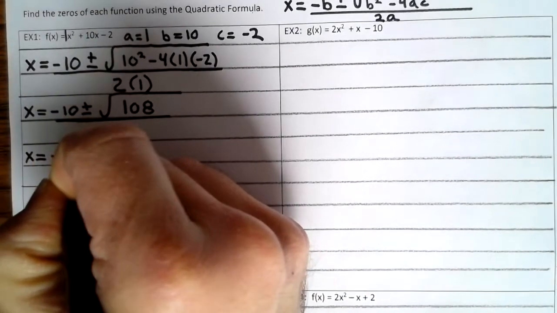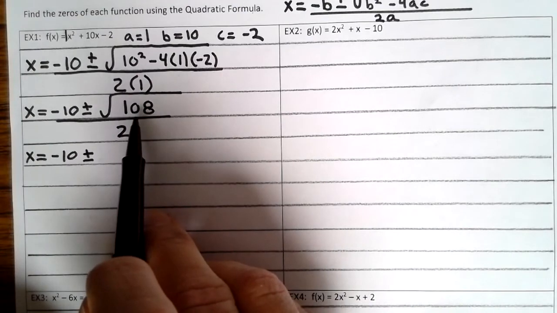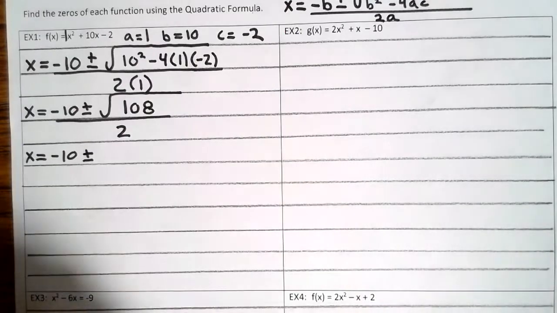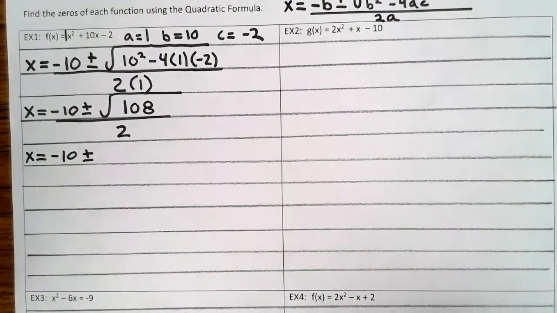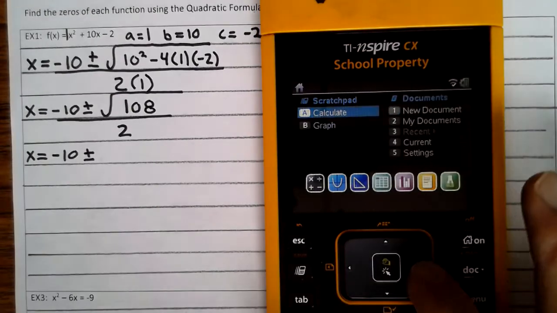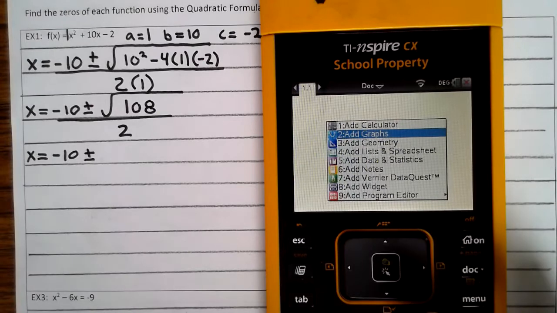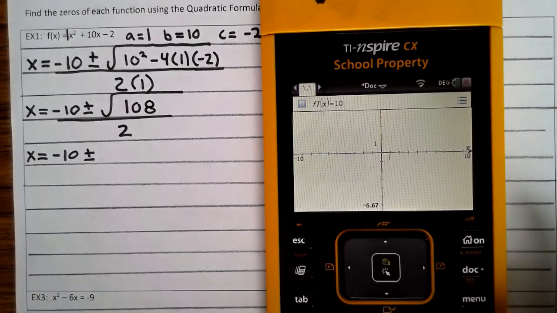Now we need to see if we can find a perfect square that will divide into 108 to simplify. So to do that, what we're going to do in our calculator is go to New Document, Add Graph. I'm going to take 108 divided by x, press Enter. Don't care about the graph. Control T, looking at the table.